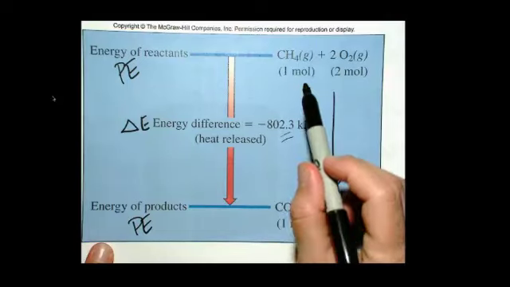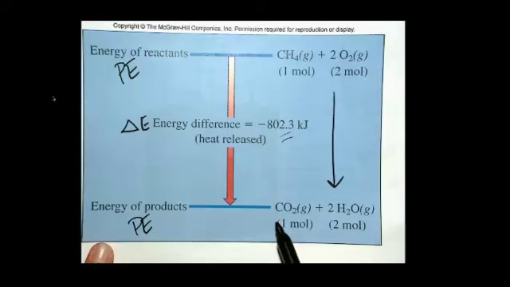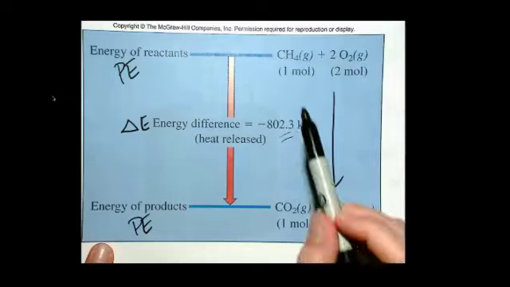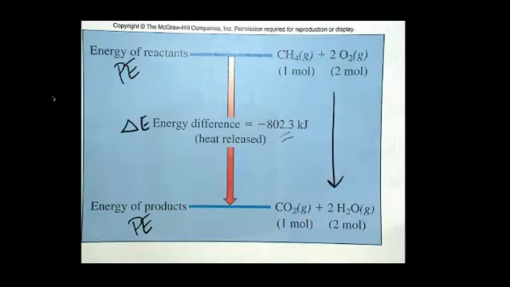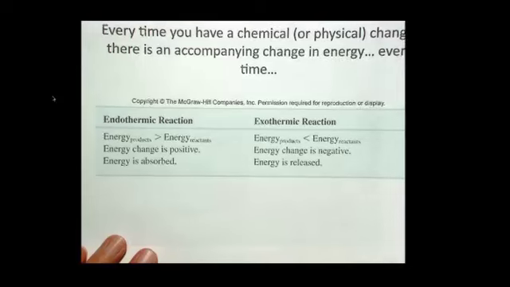You still have 1 carbon atom, but now it's surrounded by oxygen, and the hydrogen is with oxygen instead of with carbon. And this particular arrangement of atoms is of lower potential energy than that, and that's why heat is given off across that chemical change.